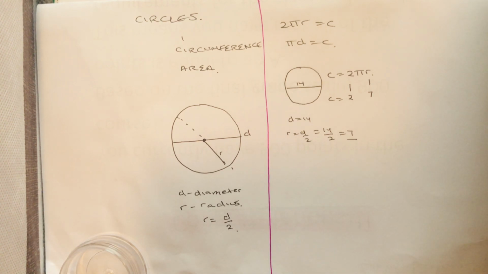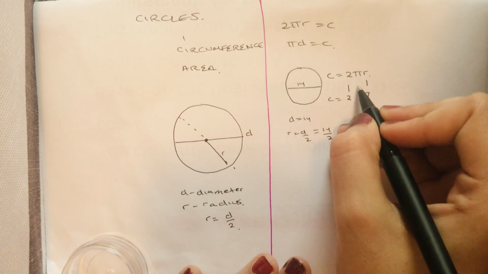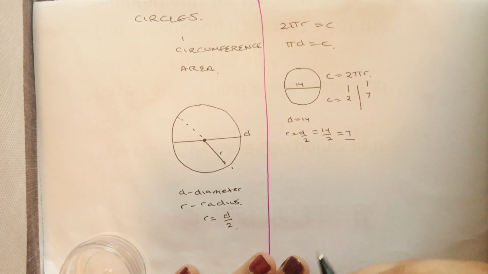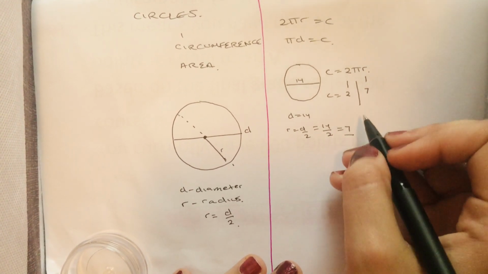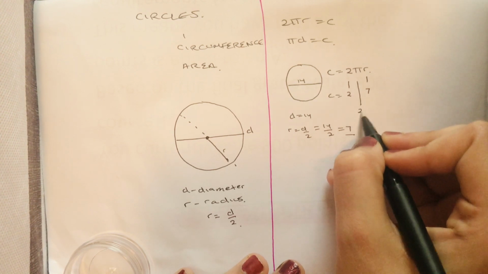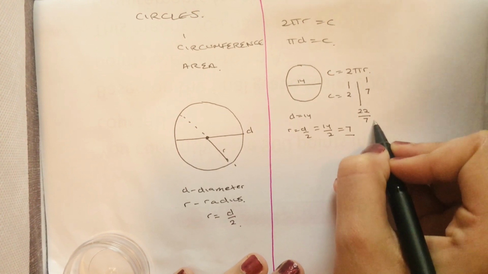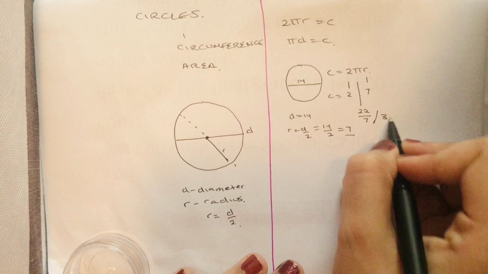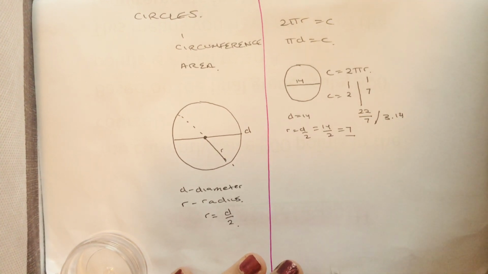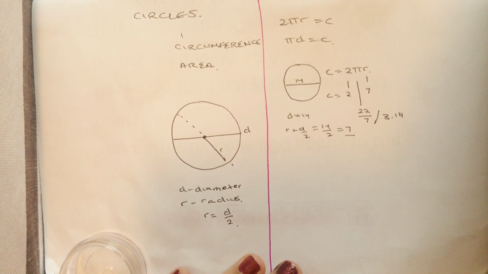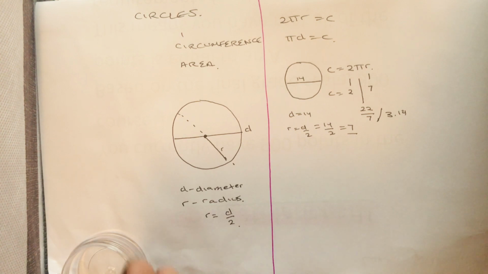What is pi? Pi is actually a constant, which is either written as 22 over 7 or 3.14. You can write it either way, but I mostly decide according to the type of question that I have.